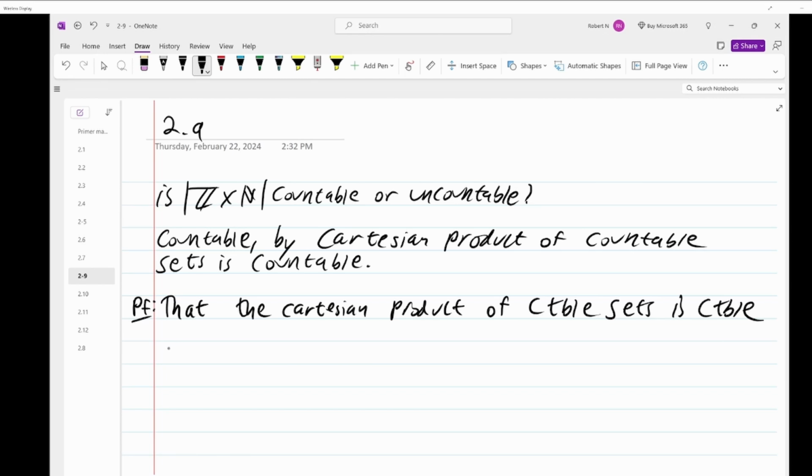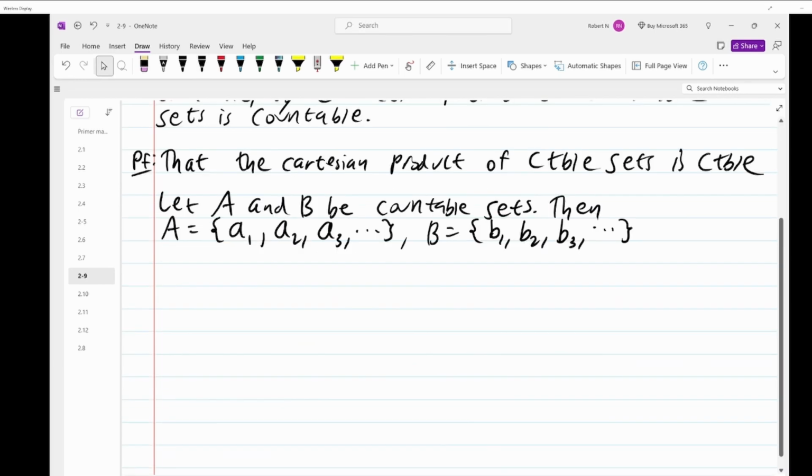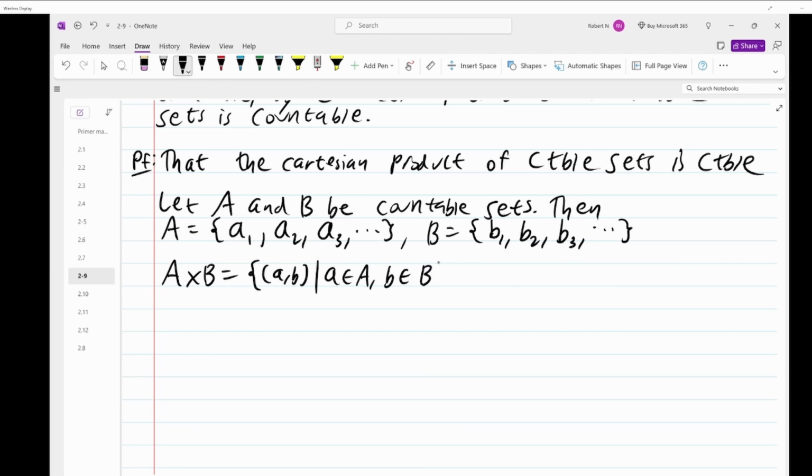So let A and B be countable sets. We discovered something during the primer material, and it's that if something's countable, then it can be listed. And B looks like this. We set up something cheeky. We know that A cross B is every ordered pair (a, b) with a in A and b in B. So we set up something a little familiar.